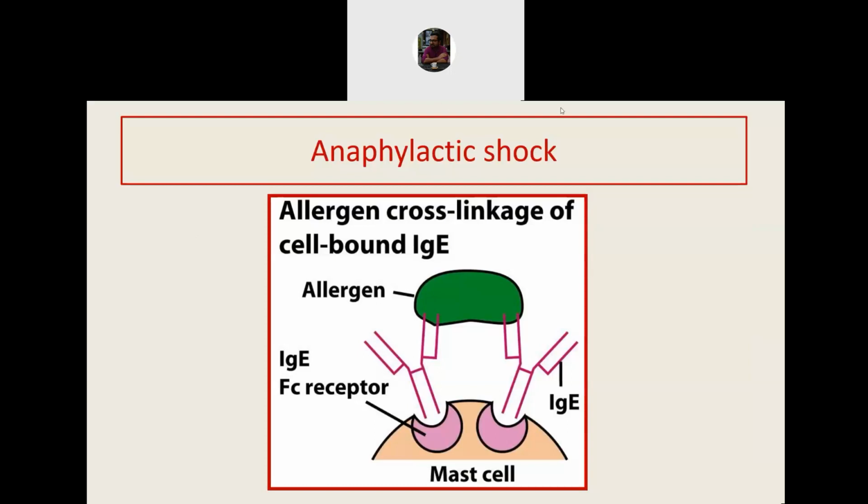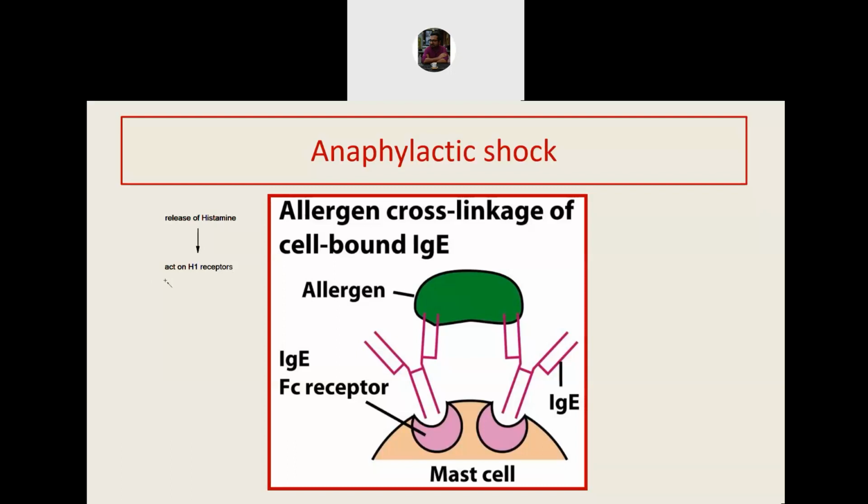Anaphylactic shock, on the other hand, is caused by type 1 hypersensitivity or allergic reactions. Allergic reactions are mediated by immunoglobulin E. When they bind specific receptors on the mast cell, they cause release of histamine. The released histamine will act on the histamine receptors, which are called H1 receptors.